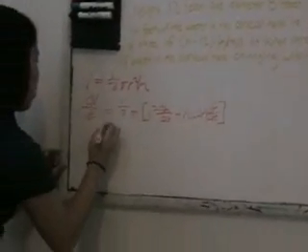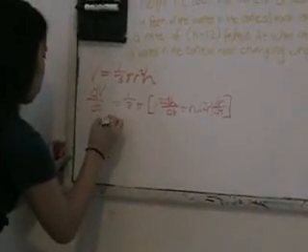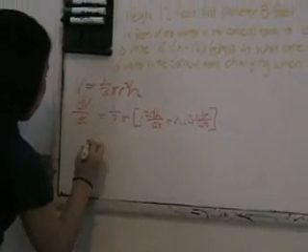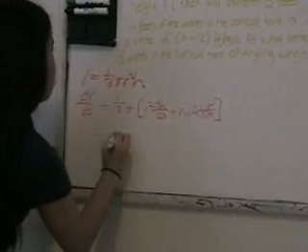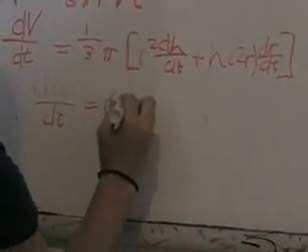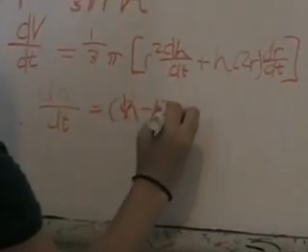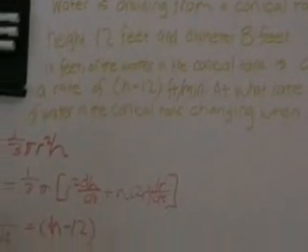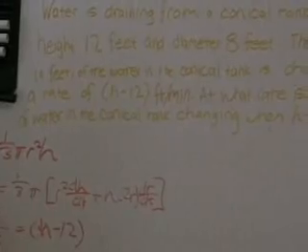So we have that. And we're trying to find it when it's at h equals 3. So we have h and dh over dt. So what we have left is dr over dt and the radius.